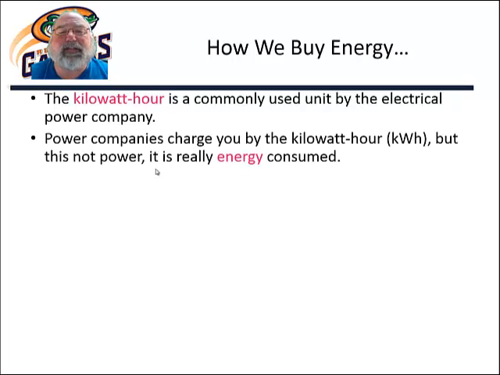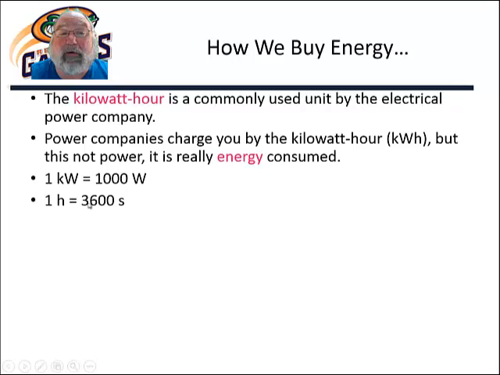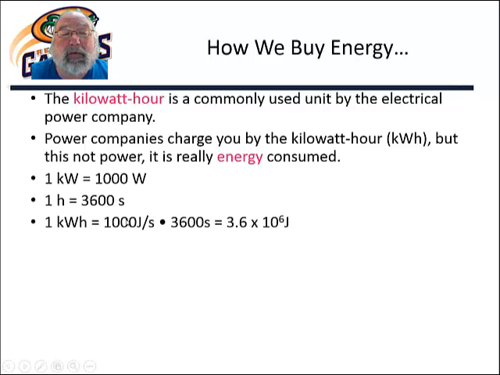So it's really energy. If a watt is energy, work done per unit time, and then you multiply it by a unit of time, the time units cancel out, and it leaves behind the energy. Okay, so 1 kilowatt is equal to 1,000 watts. 1 hour is 3,600 seconds. 1 kilowatt hour is equal to 1,000 joules per second.